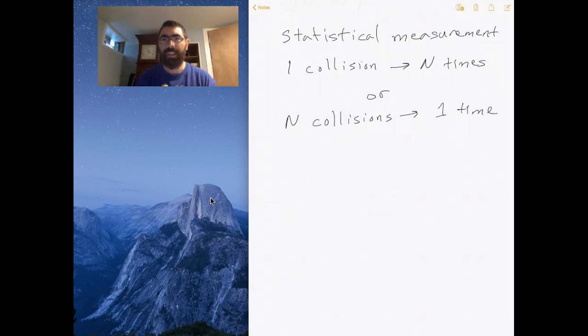And if they're not correct, then the theorist has to go back and try and figure out what part of my wave function did I need to modify in order to match up with the results that I get from my experiment.